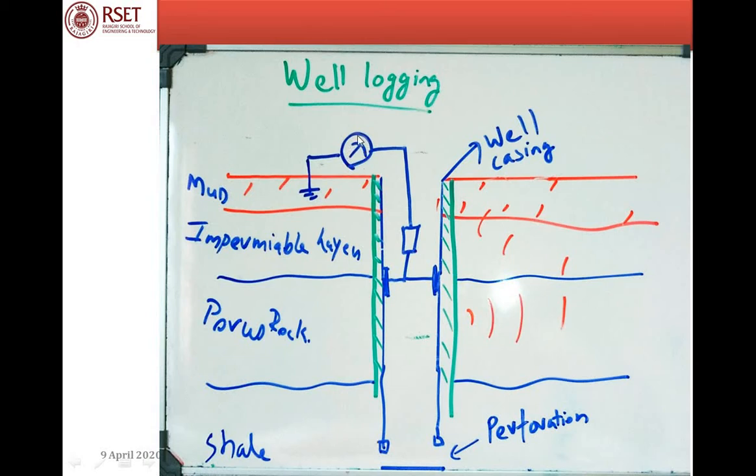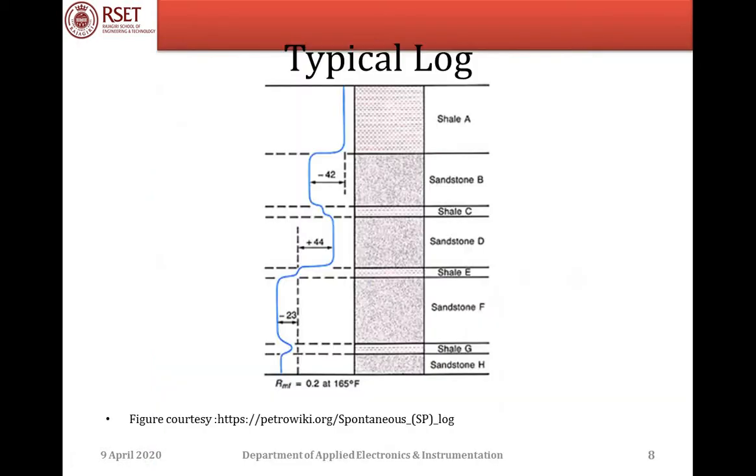I have shown only the measuring device here, but it should be driven by a generator or a battery as well. When this mechanism moves downwards, it keeps on reading the potential activities, so it can go deeper into the well and measure the electrical potential.